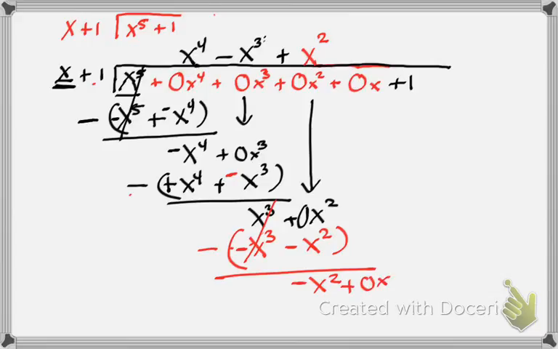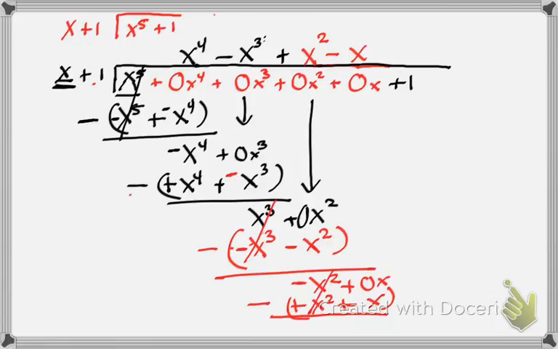Plus 0x. Now I'm multiplying by negative x. Negative x times x is negative x squared. Negative x times 1 is negative x. But we have to subtract the whole darn thing. It makes it positive.